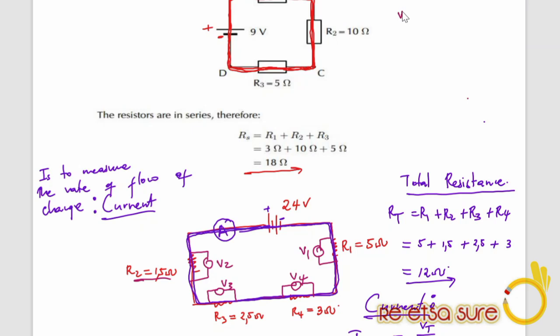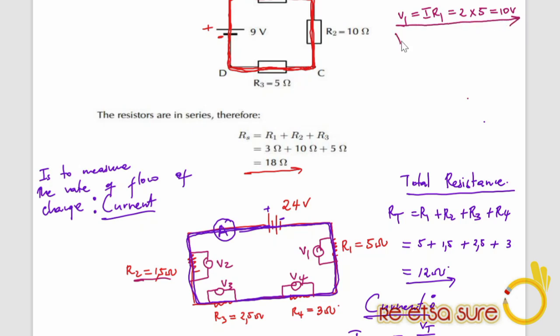V1 is equal to I R1. What is my I? My I is 2. Yes, 2 multiplied by, what is my R? My R is 5. Therefore, 2 multiplied by 5 is 10 V. This is the reading on V1. V1 is equal to 10.